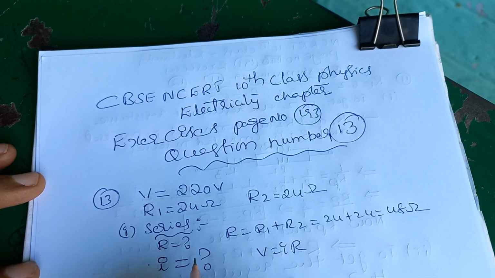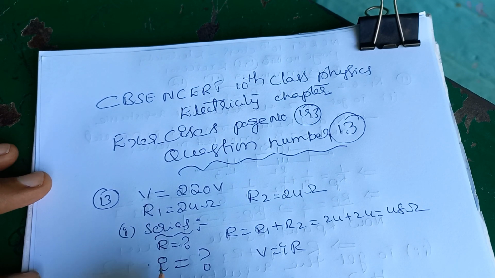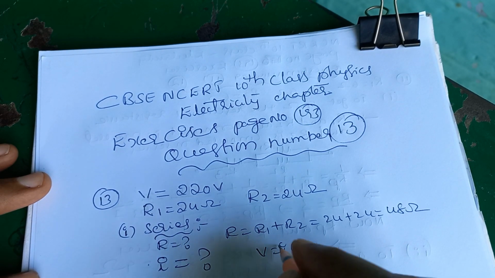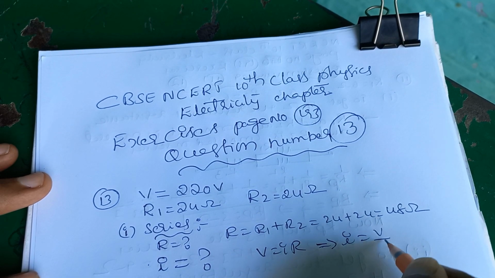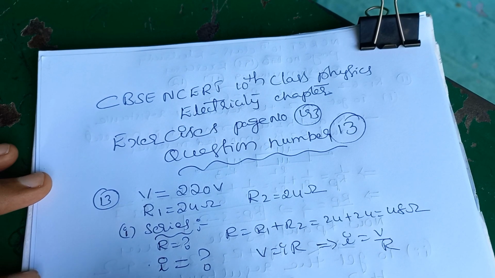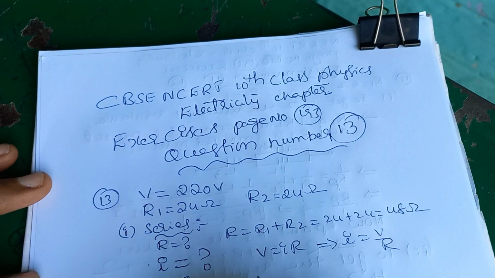In the problem, the current drawn by the hot plate in series and parallel is to be calculated. R is calculated and the V value is given, and from Ohm's law V equals IR, then I equals V by R. So I is equal to V value 220, R value is 48.